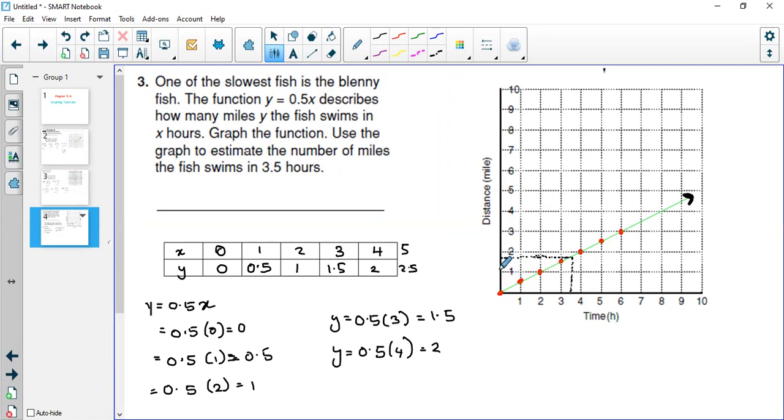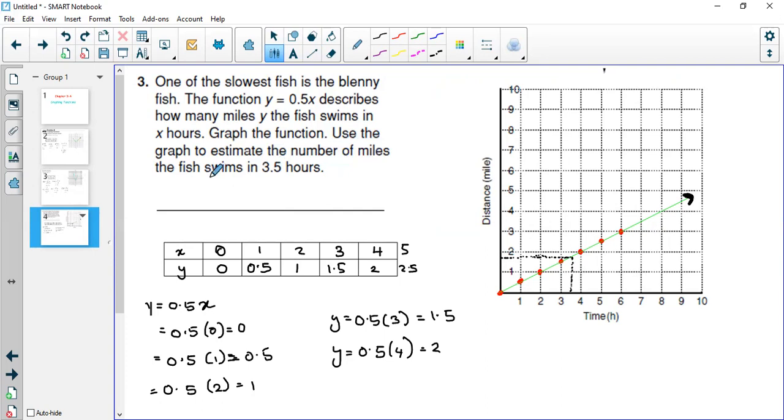Now we cannot say it's 2.5. It's above 1.5, because between 1 and 2 is 1.5, but this line is above 1.5, so it's somewhere between 1.5 and 2, which is 1.75.